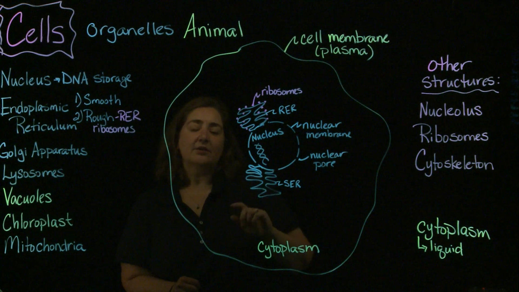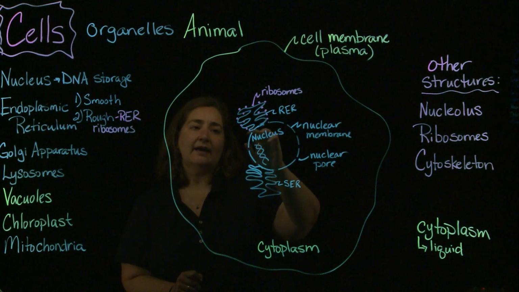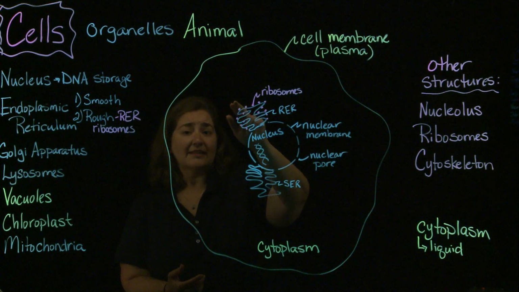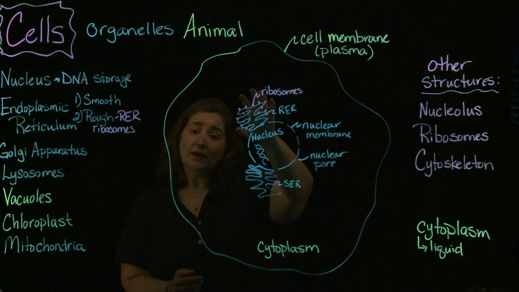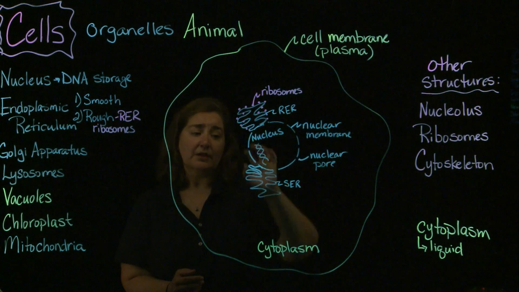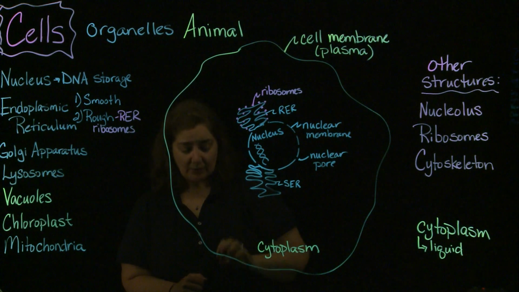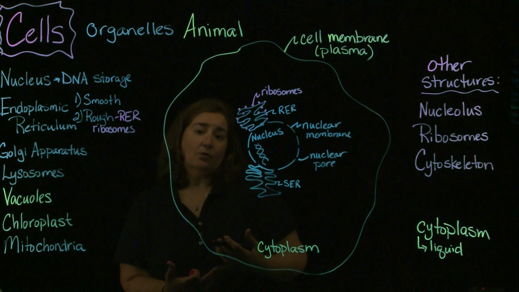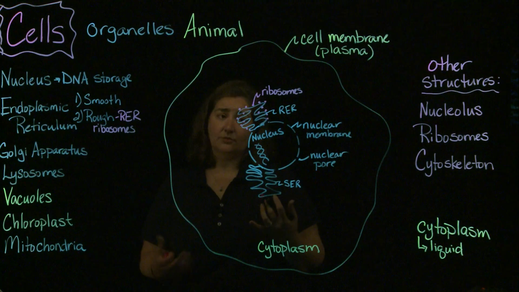And I've drawn them here very separate. Just be aware that you can have endoplasmic reticulum that transitions between smooth and rough, so they may all be connected. Don't let that throw you, all right? If it has ribosomes on it, it's going to be rough endoplasmic reticulum, involved in protein synthesis. Smooth endoplasmic reticulum is going to be involved in lipid hormone production and things like steroids.